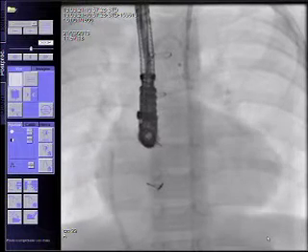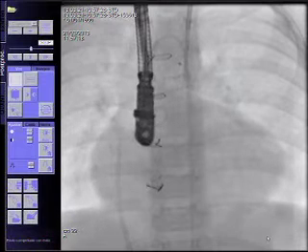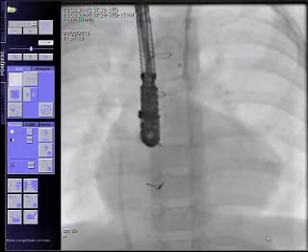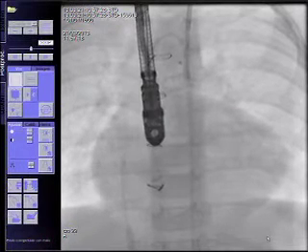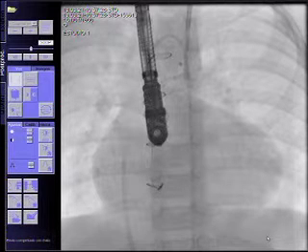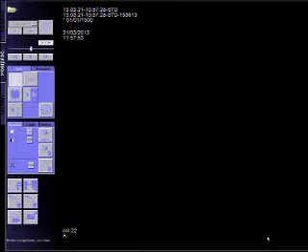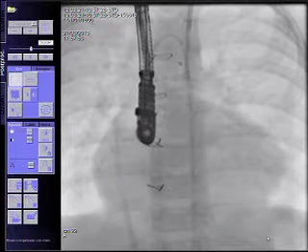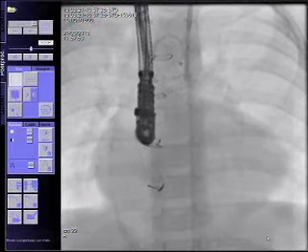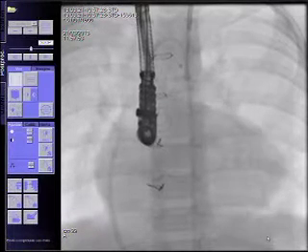We're paying a lot of attention to the fluoroscopy doses too, so we're using only 3 images per second. It's hard stuff.